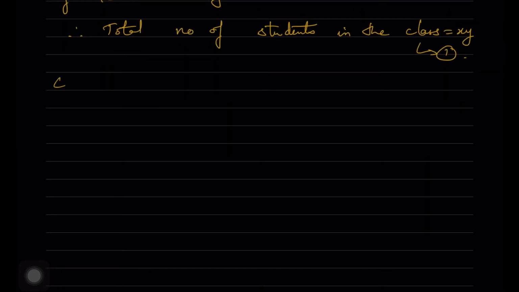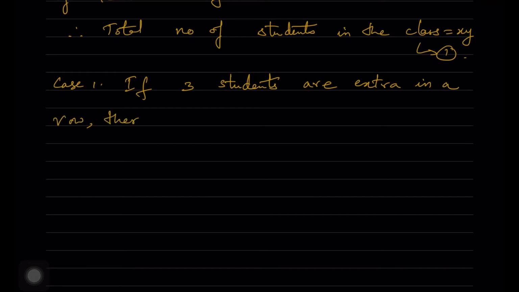So here we are having case 1. If 3 students are extra in a row, there would be 1 row less. The number of rows would become 1 less. So we have total number of students in each row. If we are increasing by 3, it becomes x plus 3, and the total number of rows will decrease by 1, means it becomes y minus 1. So total number of students in the class will become x into y.